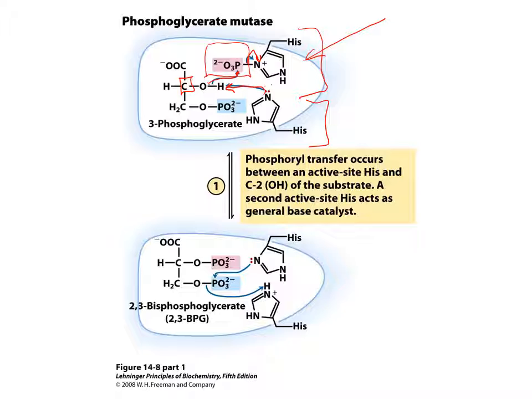Now this intermediary compound is known as 2,3-bisphosphoglycerate, which makes perfect sense: the second carbon and third carbon, both of them having a phosphate group.